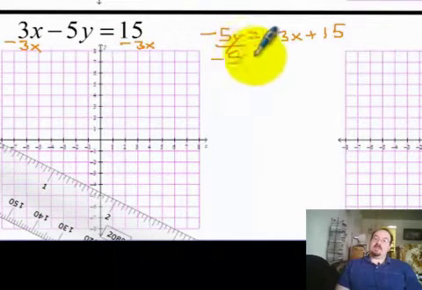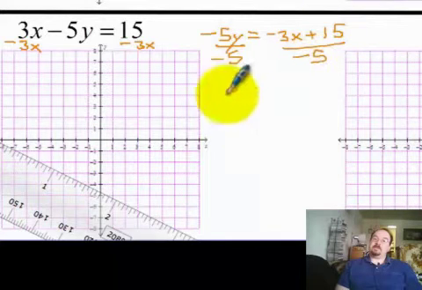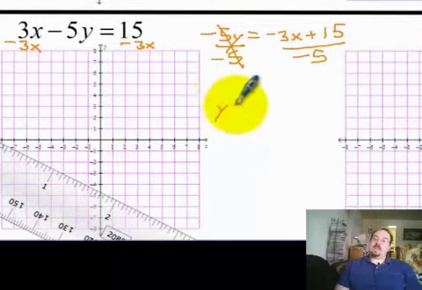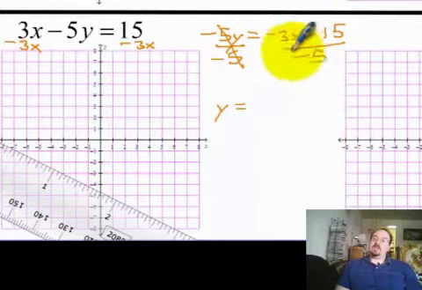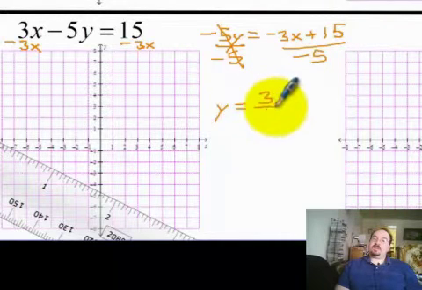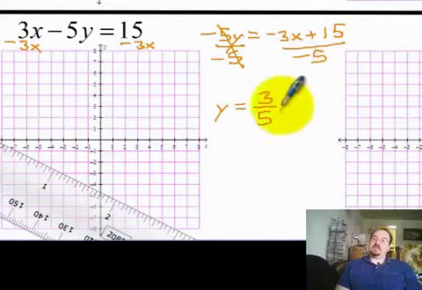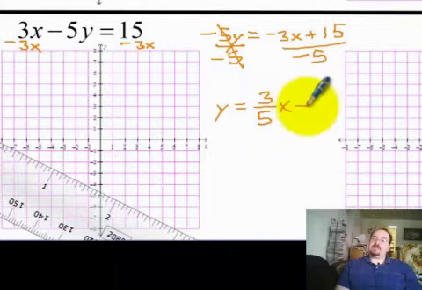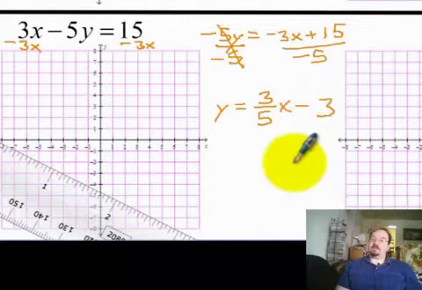Then I divide everything by negative 5, and I get y equals, well, negative 3 divided by negative 5 is just 3/5 x, and then 15 divided by negative 5 is going to give me a negative 3.